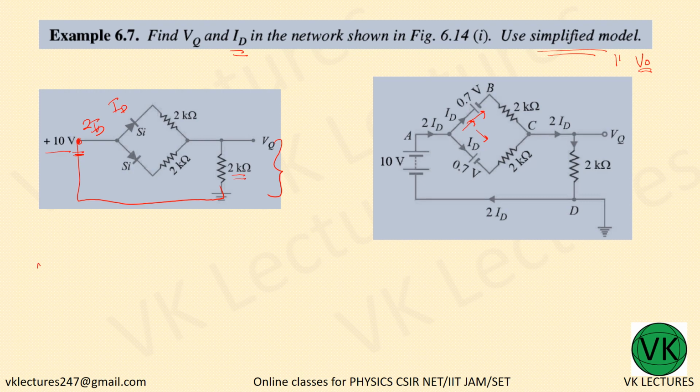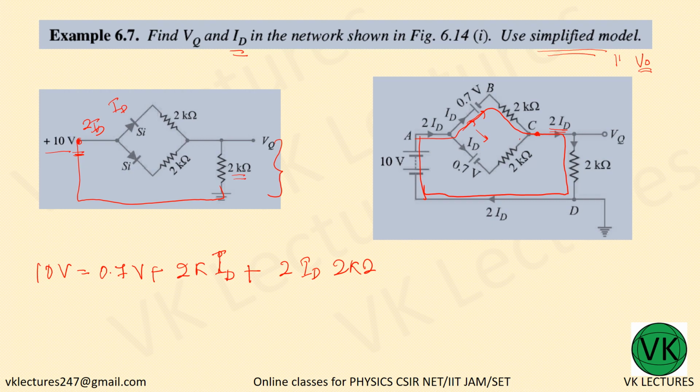So let us apply. 10 volt is equal to, I am using the first loop, ID moving, so 0.7 volt plus 2K into ID, plus, now once it reaches here it is no more ID, it becomes 2ID because the current through this also passes through the same. So plus 2ID into 2K ohm resistance, nothing else across this.